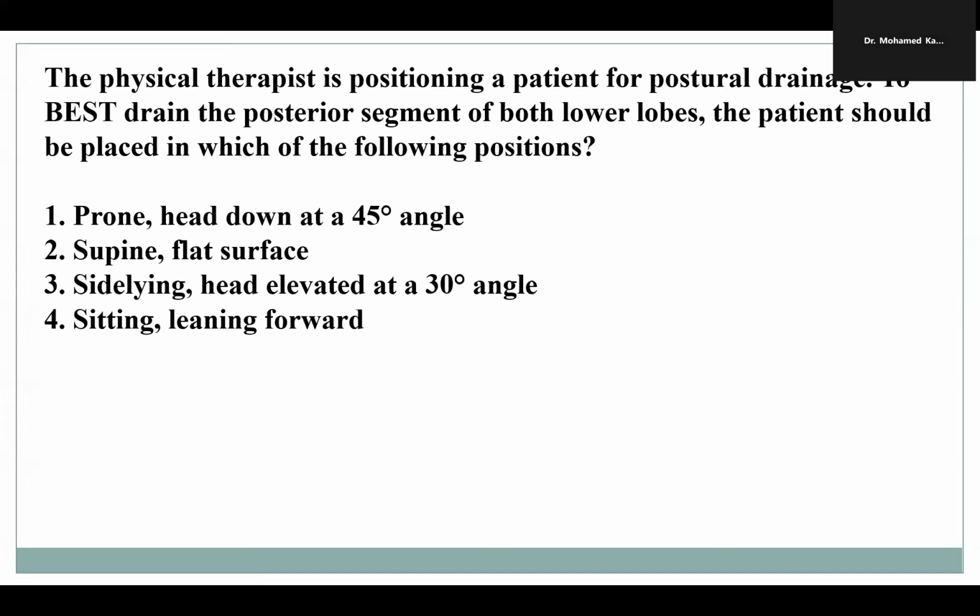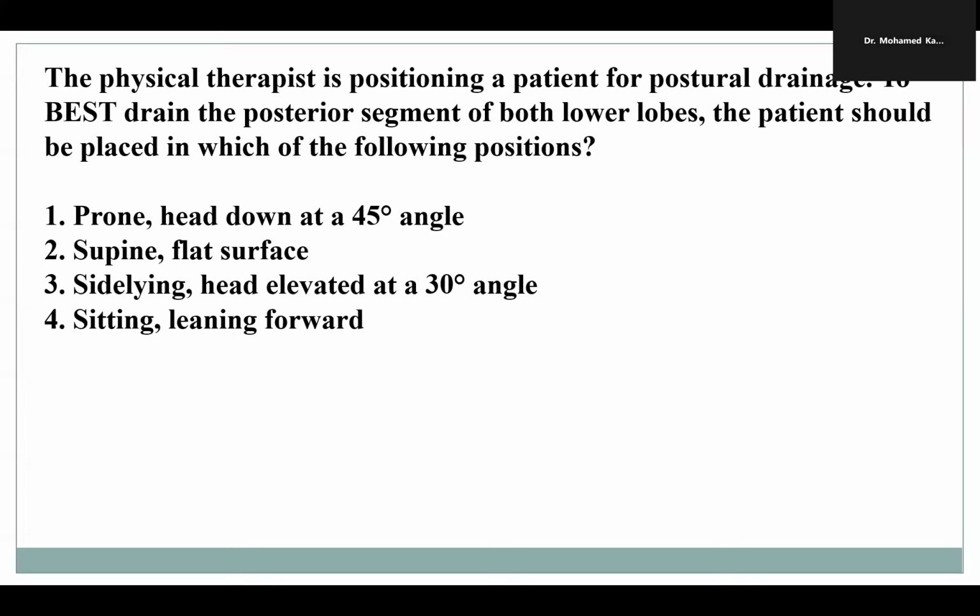And for each of the segments of the lung, we would like to position the patient in certain position in which gravity will assist the drainage of this lung segment. So in order to drain the posterior segments of both lower lobes, I should position the patient in prone lying position, head down at 45-degree angle.